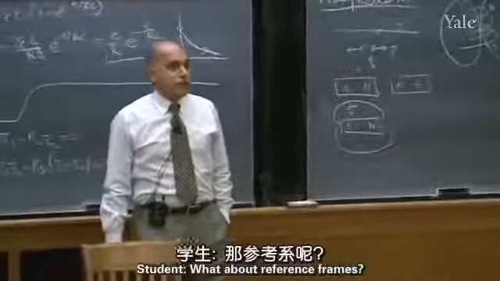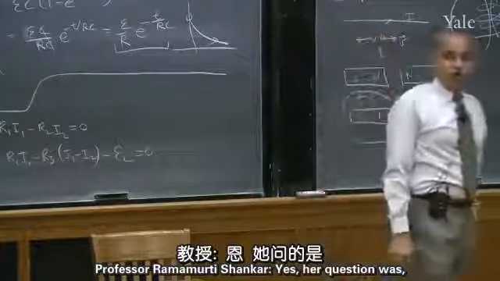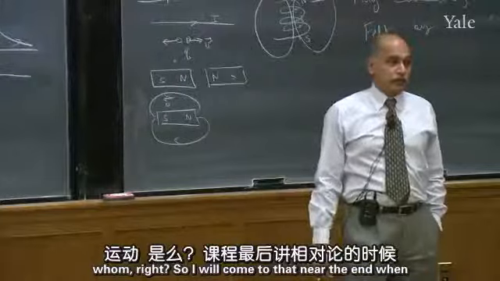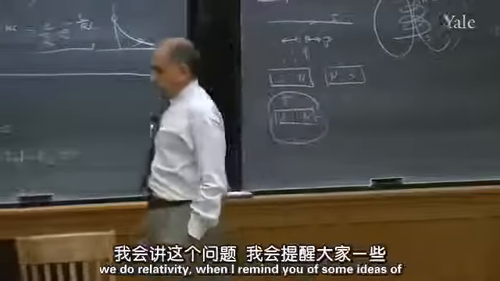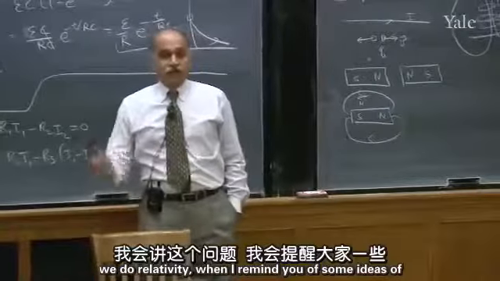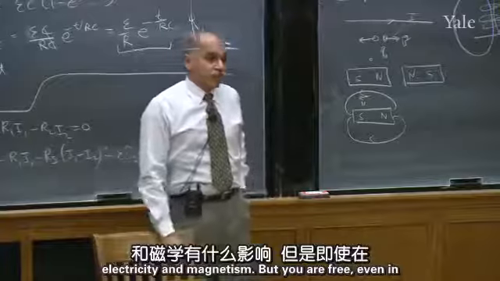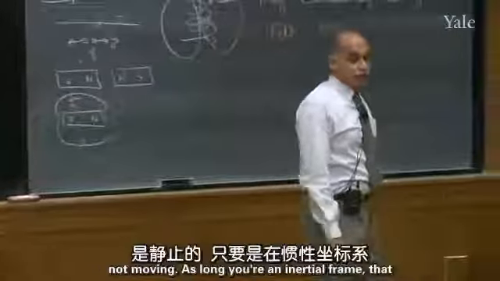Yep? About reference frames. Yes. Her question was, how about reference frames? Namely, moving according to whom? Right? So I will come to that near the end when we do relativity and I remind you of some ideas of relativity and see what that has to say about electricity and magnetism. But you are free, even in the relativistic theory, to take the view that you are not moving.